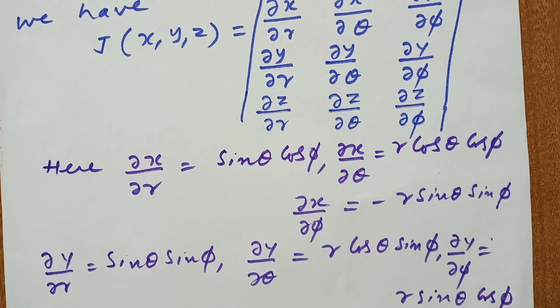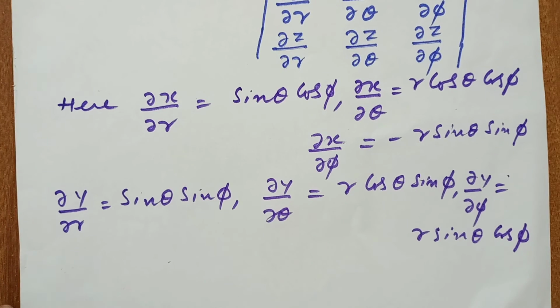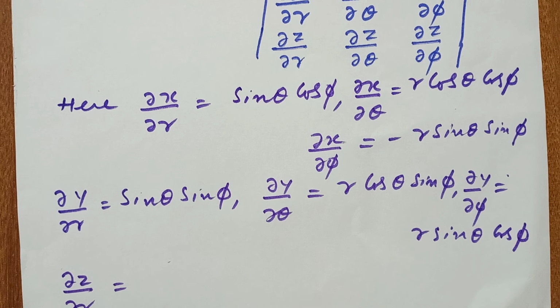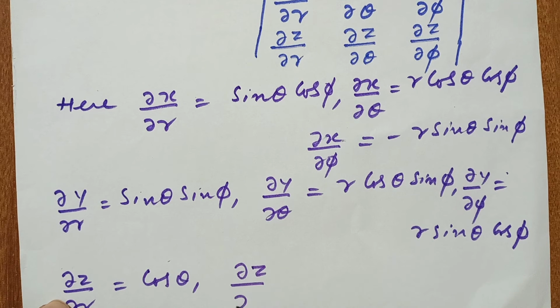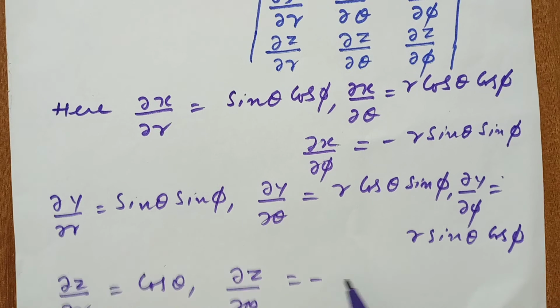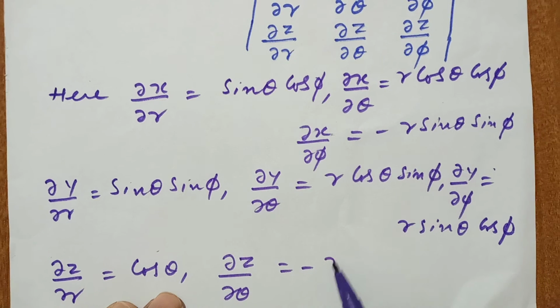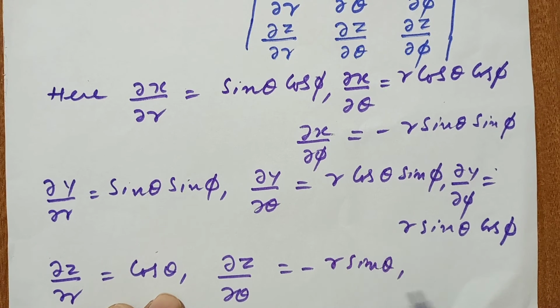Okay, similarly here del z upon del r. So del z upon del r is equal to cos theta. Del z upon del theta is equal to minus r sin theta, and del z upon del phi.